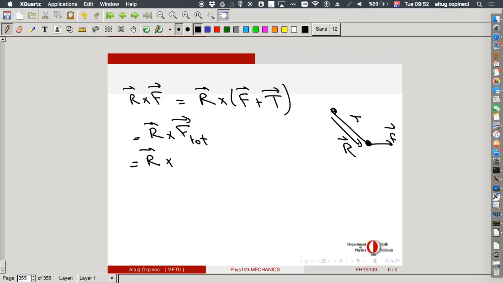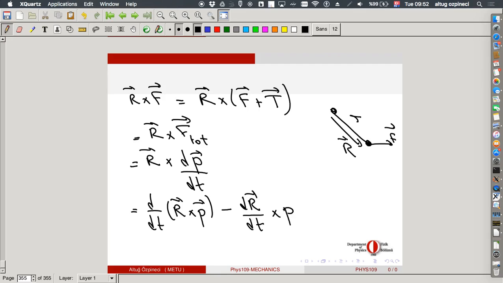Well, now Newton's second law tells me that the total force acting on a system is nothing but the rate of change of the momentum of that particle or of that system. This is equal to r cross dp by dt, which is d by dt of r cross p minus dr by dt cross p. Now here what I did was, I just used the derivative of the product.